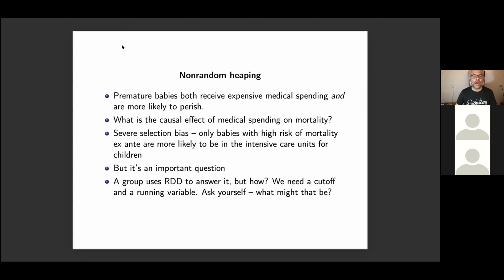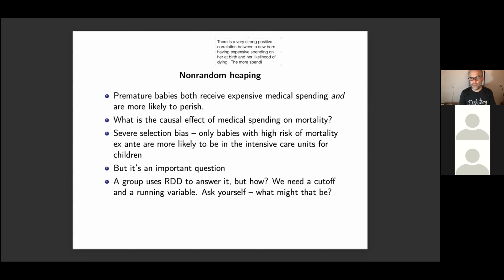There is a very strong positive correlation between a newborn having expensive spending on her at birth and her likelihood of dying.